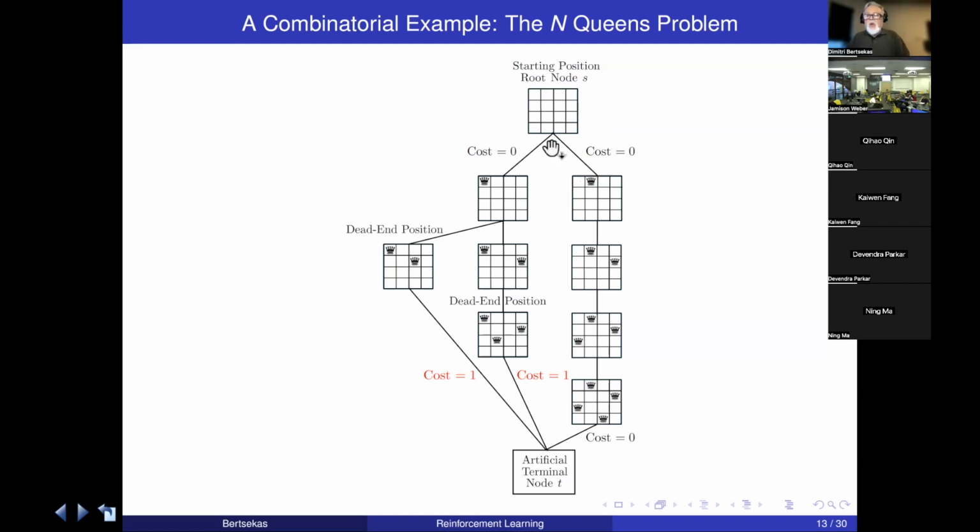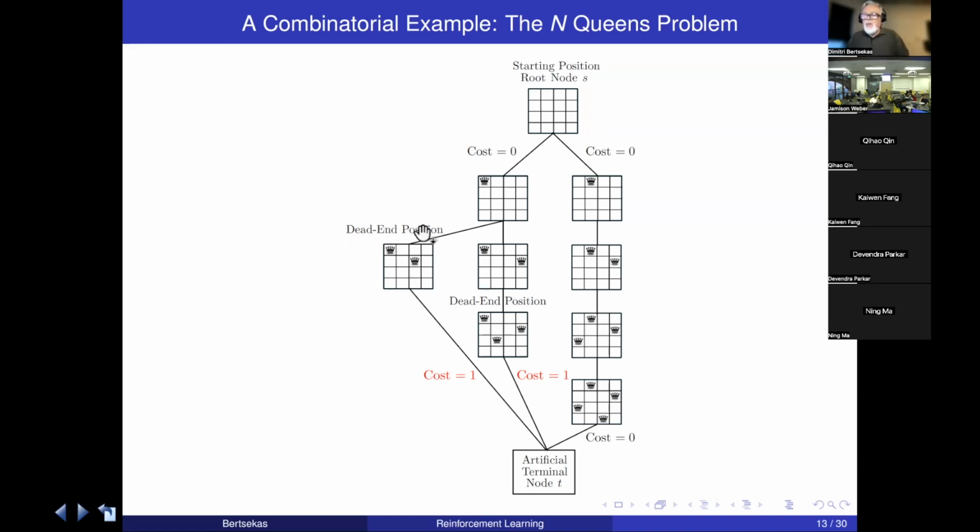Now, as long as we can place queens without reaching an impasse, where queens attack each other, the cost of the transition is taken to be 0. However, once we reach a position like this, where it is impossible to place any queen in the 3rd row without attacking one of these 2 queens, then we call this a dead-end position.